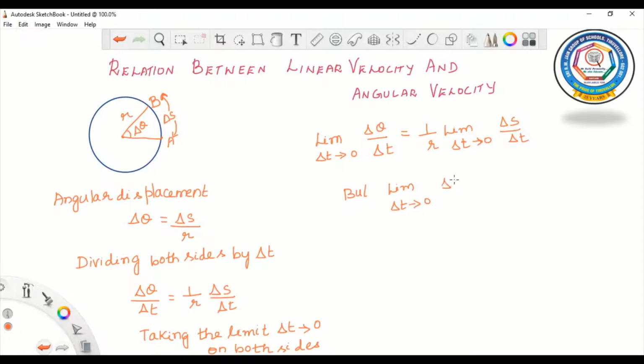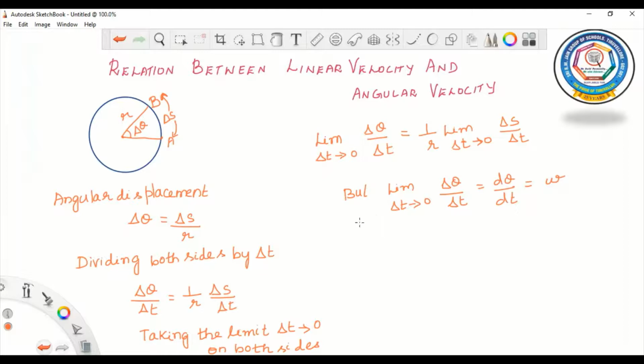Limit del t tends to 0, del theta by del t, which is nothing but d theta by dt. What is this d theta by dt? It is nothing but our angular velocity, that is, the rate of change of angular displacement. Rate of change of angular displacement is nothing but angular velocity.